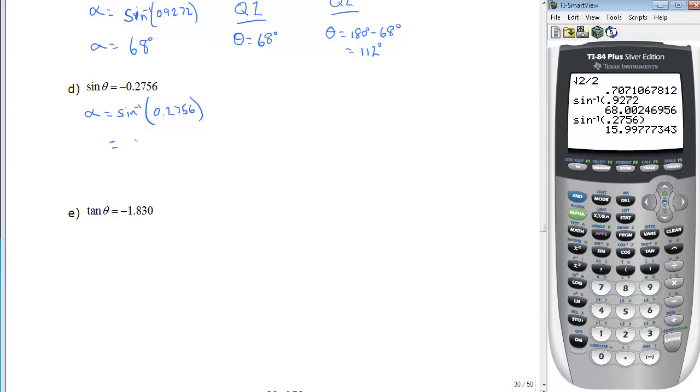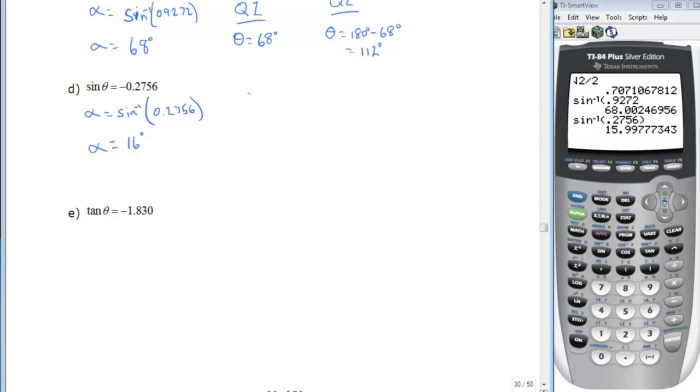That tells us, rounded to 4 significant digits, we get 16 degrees. So that's not the sine inverse of negative 0.2756, but just 0.2756, because remember, the negative is only telling us the quadrant. So the reference angle in quadrant 1 is 16.